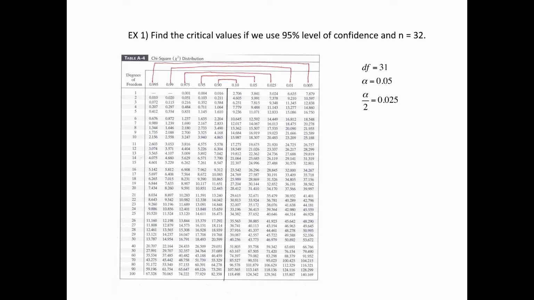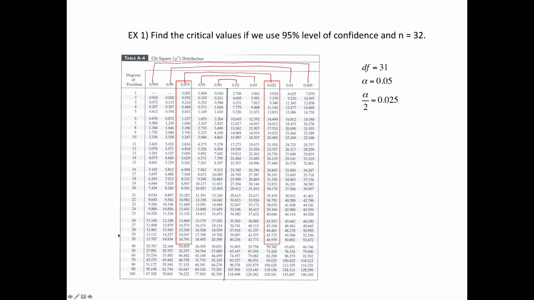Okay, first of all, write down the information. If n equals 32, degrees of freedom is 31. Since we're using 95% level of confidence, 1 minus 0.95 is alpha equals 0.05, and then cut that in half. When you see this 0.025, you'd find that over here on the right, so we're going to be using that column. Then you just follow the little red line for that one. It's over here, so we'll use this column with 0.975 at the top.